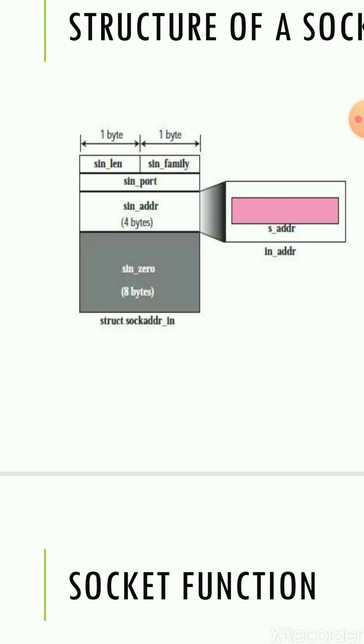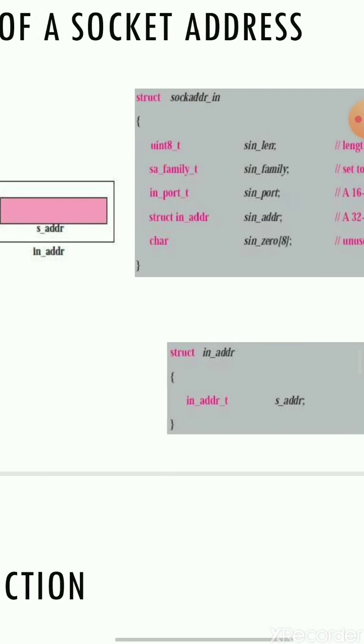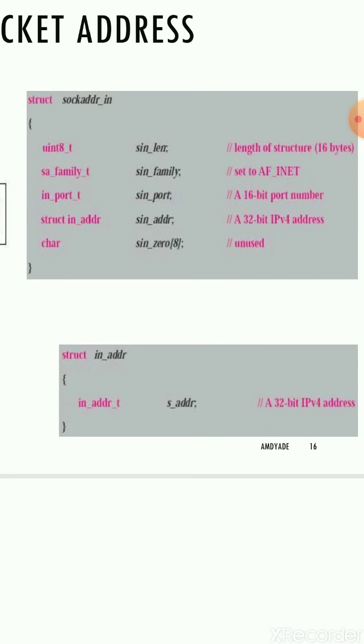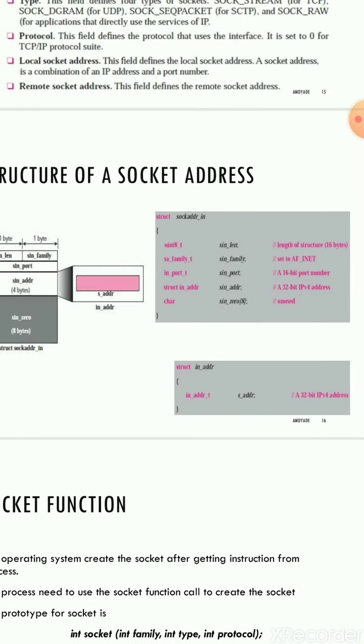It is shown in this structure: the address length of the structure, the address family, port number, 32-bit IP address, and unused bits. That 32-bit IP address is internally a structure of the 32-bit IP address. So this is the structure of a socket address.